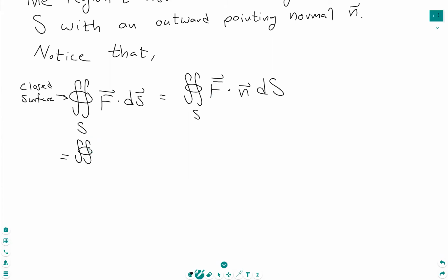This is the closed surface S, and then we have P in the i direction plus Q in the j direction plus R in the k direction, dotted with n, our normal vector, dS.